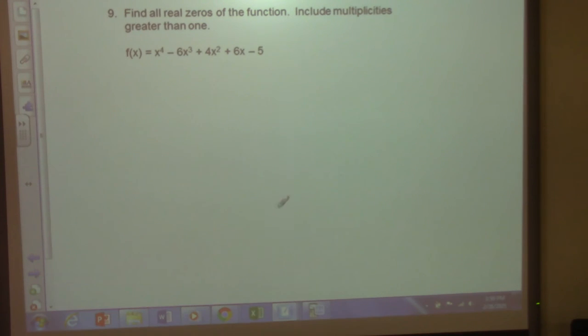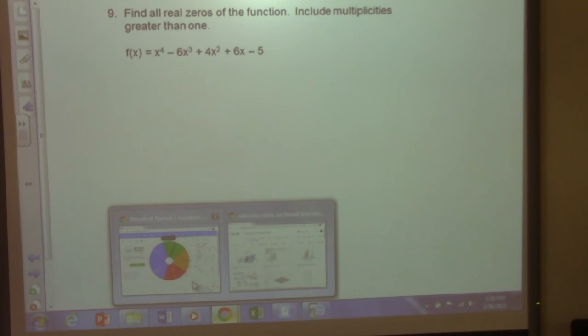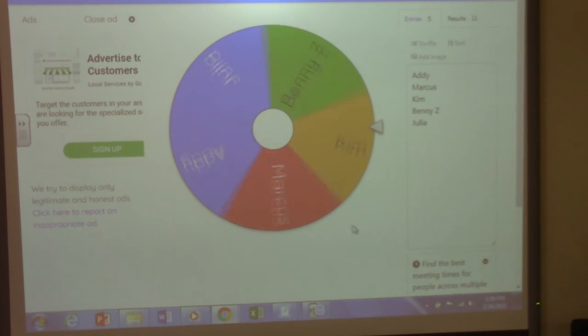Okay, this one here, we got a fourth power going on here, so that ratchets up your complexity a little bit. Let's see what we got going on here.